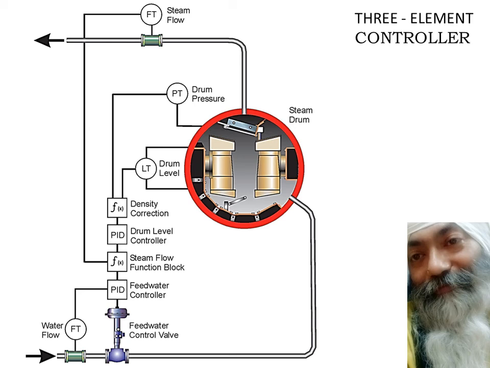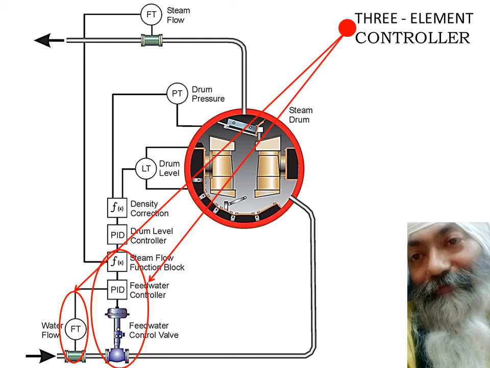So friends, what we have seen in this three element controller, wherein you can see this is the first element, the conventional element, and along with the conventional element we have the second element, which is making it the cascade control. It's taking care of any disturbance in the water flow before its effect is felt by the level.